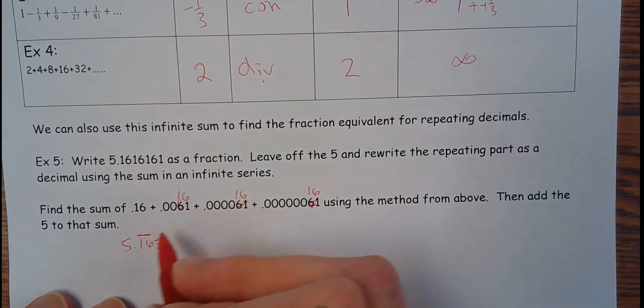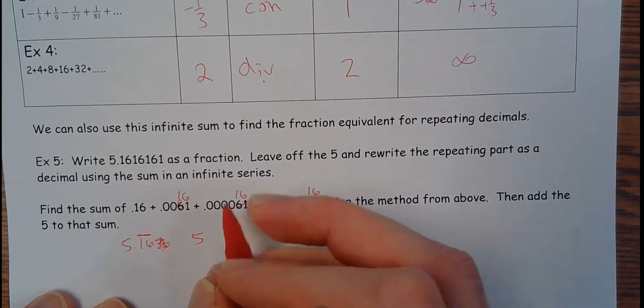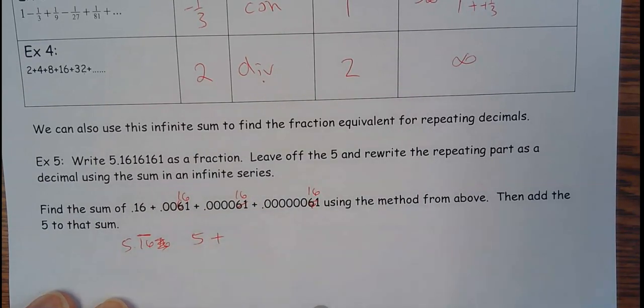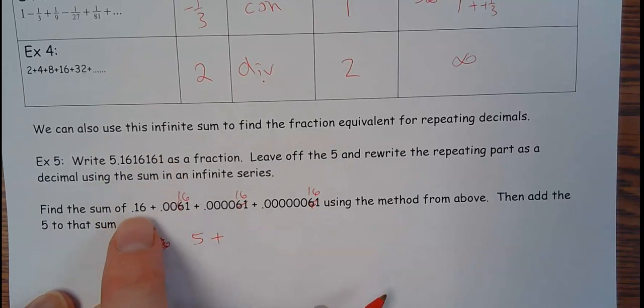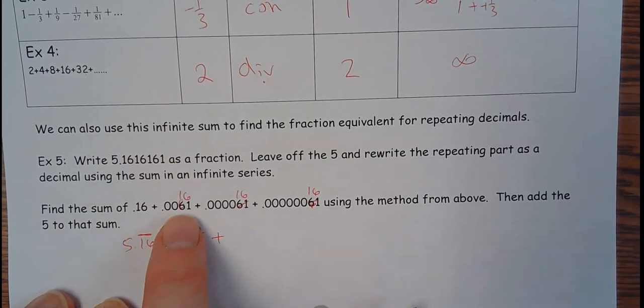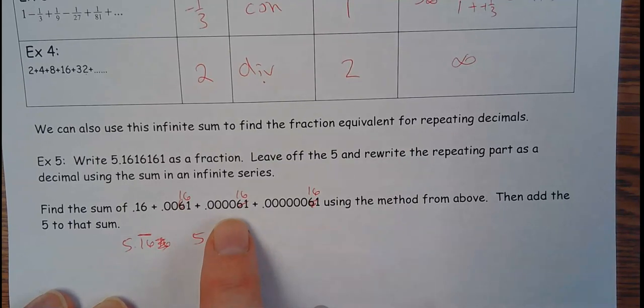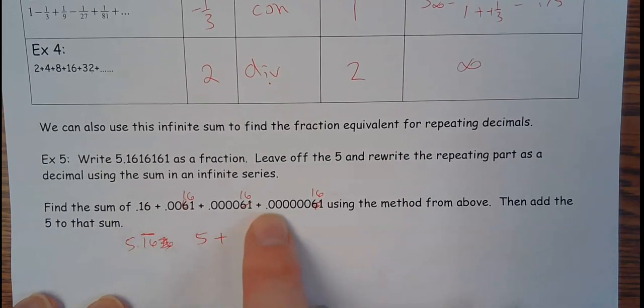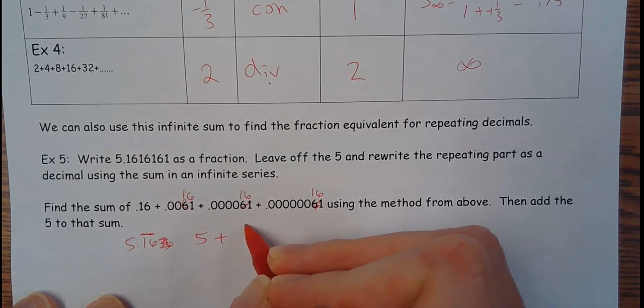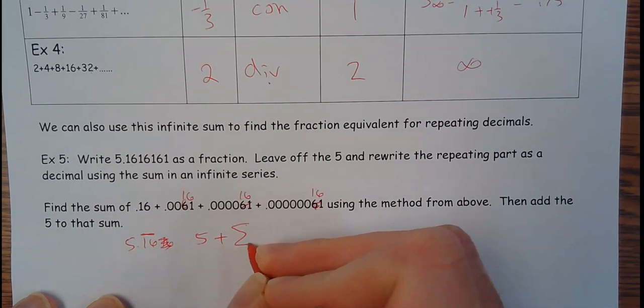If I want to find out what this is, well, first off, I'm going to split this into 5 plus. And think of this, instead of 0.161616, think of it as 0.16 plus 0.0016 plus 0.000016. And this is a geometric series now. So I'm going to think geometric series. I need to take the sum.